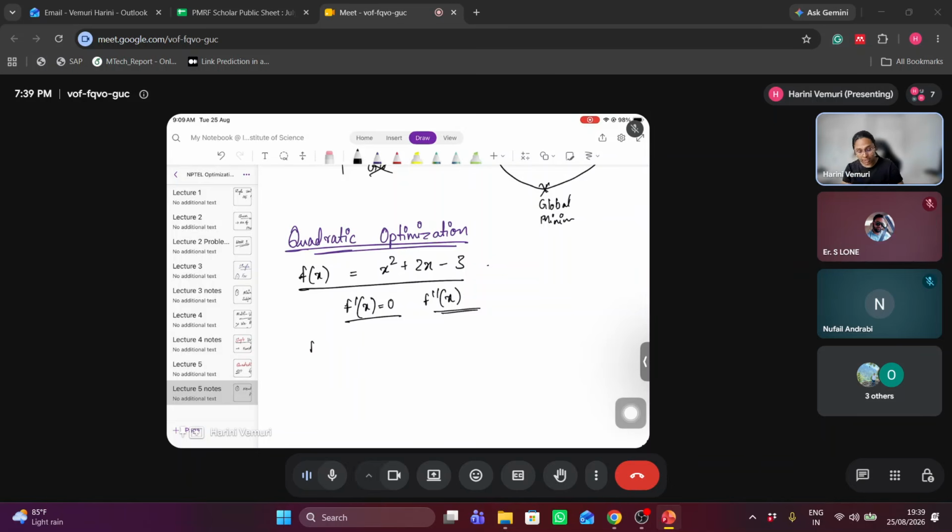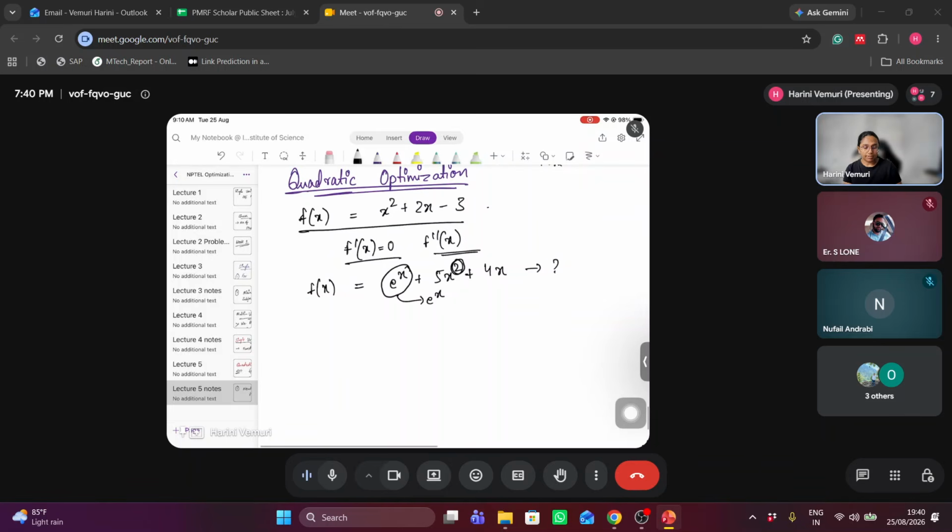But if you have a function like f of x equal to e power x plus 5x square plus 4x, then is it a quadratic function? It's not, because we have e power x. Even though here the power is 2, we have e power x, so it is not a quadratic equation.